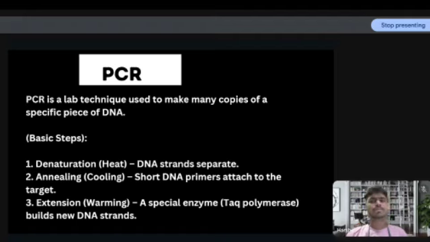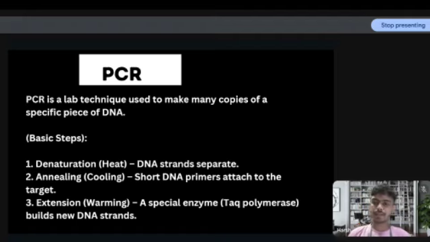The steps which are involved are denaturation, that is the DNA strands are separated because we are heating it. Then second will be annealing, that is cooling, where short DNA primers will attach to the target.